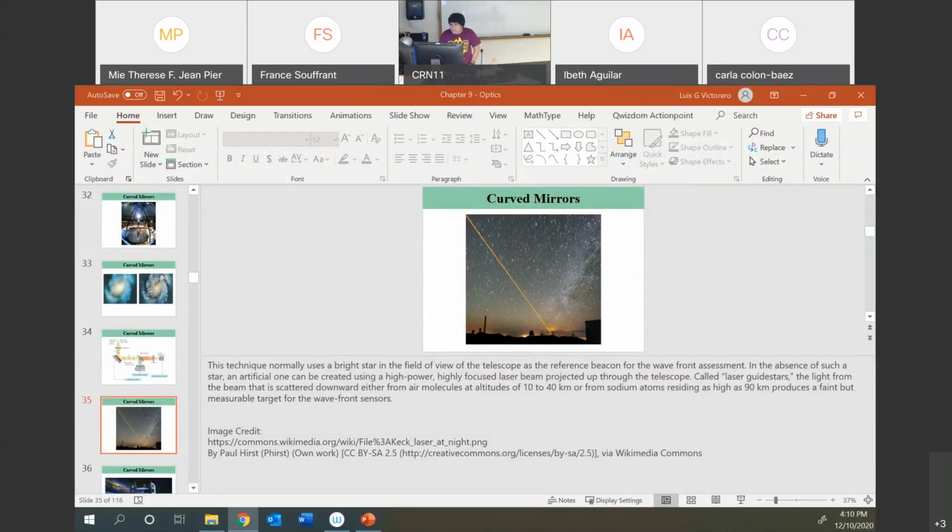What they do is they track the turbulence and they adjust the mirror 10 to 100 times per second via actuators. And obviously, to trace the turbulence, we need to use a background star or an artificial star.